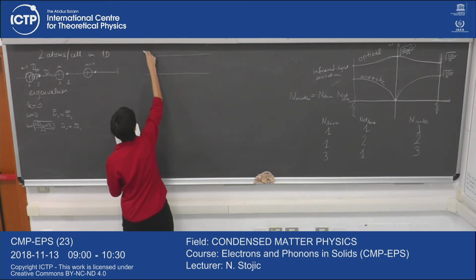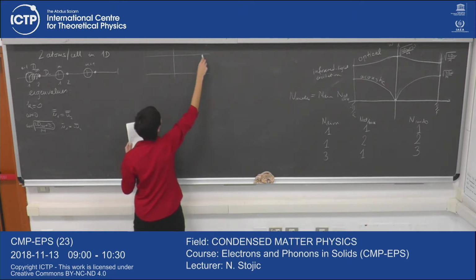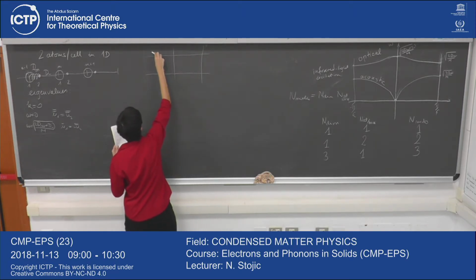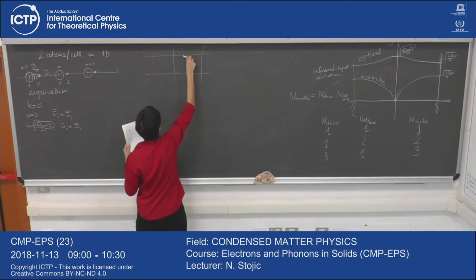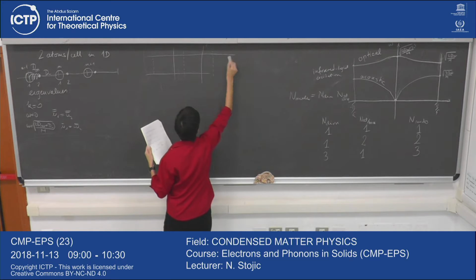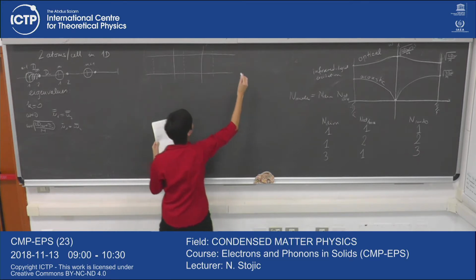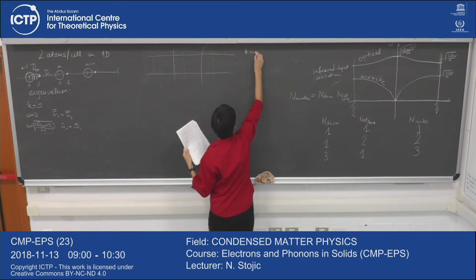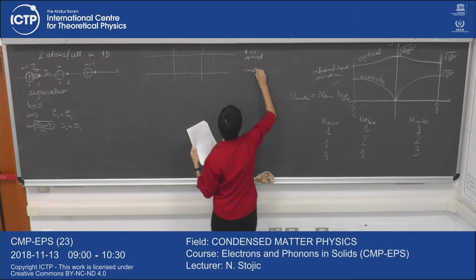So the case, let me see, this is the unit cell. This is the equilibrium position of the second atom in the unit cell. And k equals 0 optical, and small k, let's say small k acoustic.